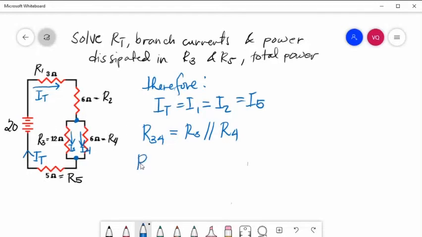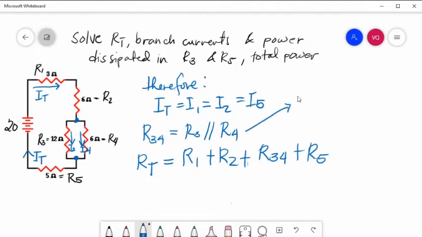So, total resistance is equal to R1 plus R2 plus R34 plus R5. First, we will solve the value of R34.